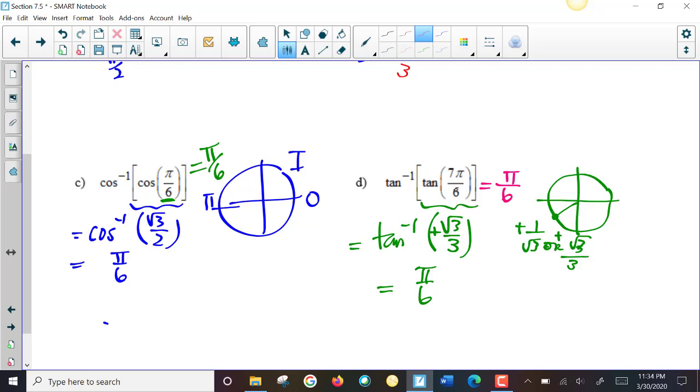We started with 7 pi over 6, but we ended with pi over 6. The reason one didn't undo the other is because 7 pi over 6 is not in the range of inverse tangent. The range of inverse tangent, remember, is negative pi over 2 to pi over 2.